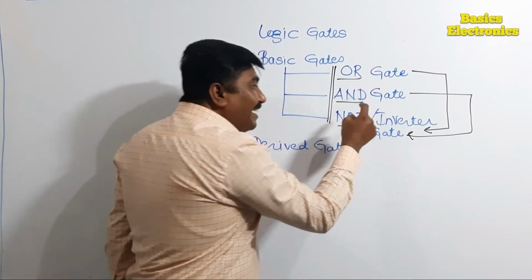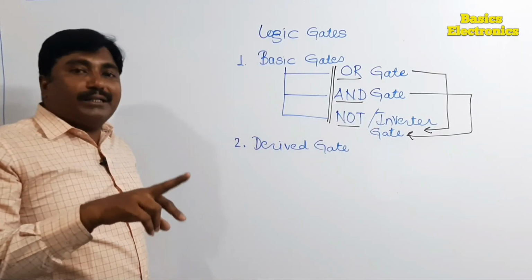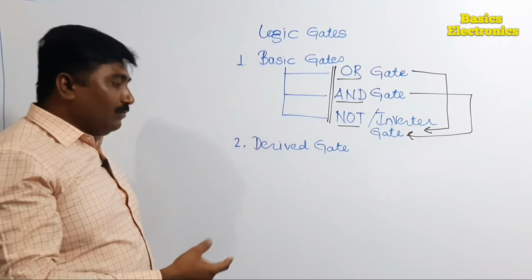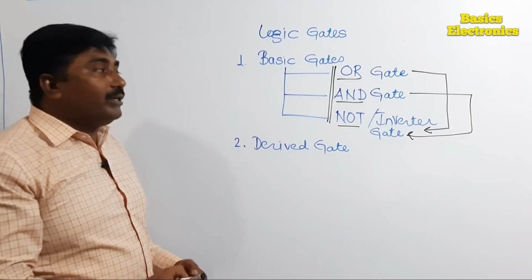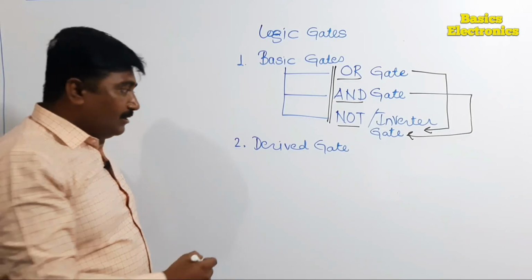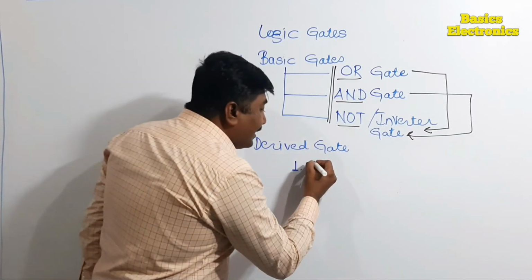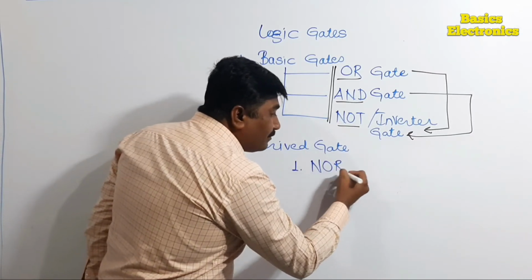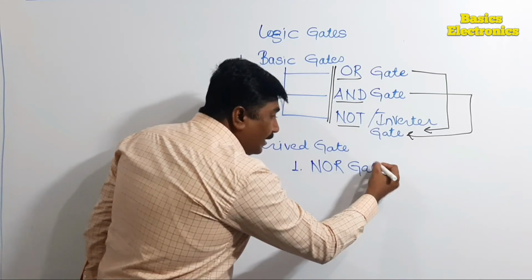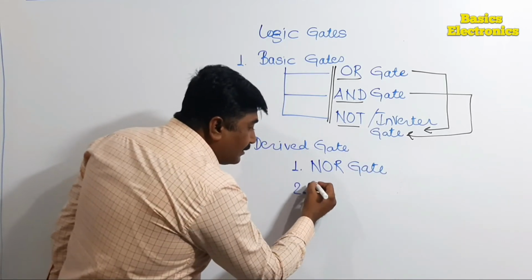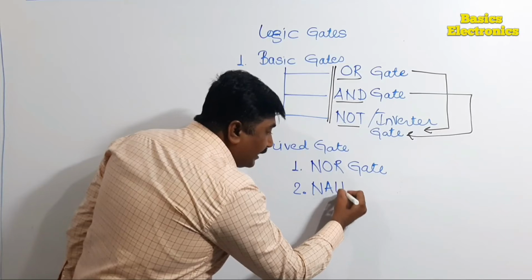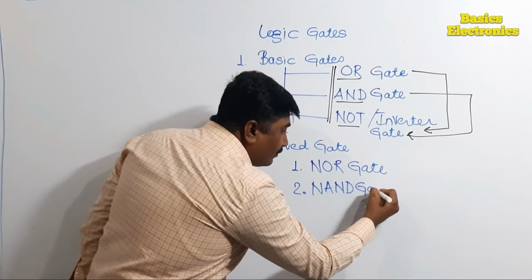When the AND gate and NOT gate are connected together, a new gate is formed. Those gates we call the derived gates. The first derived gate is the NOR gate, and the second one is the NAND gate.